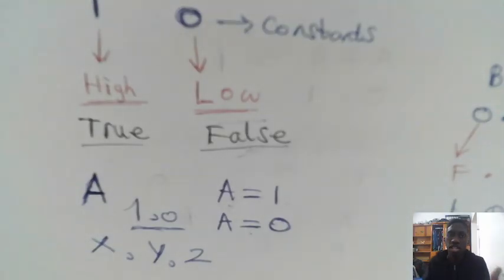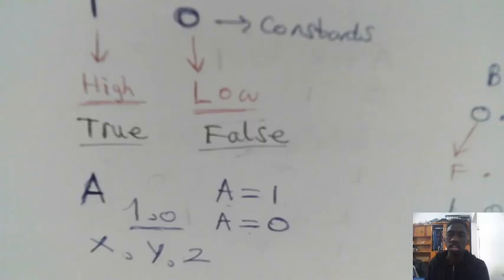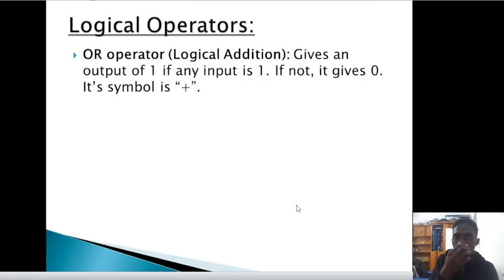Not only A, any letter of the alphabet can be used to represent a variable, like X, like Y. So that's what a variable is. Now that we understand what a constant is and what a variable is, we can go into logical operators.